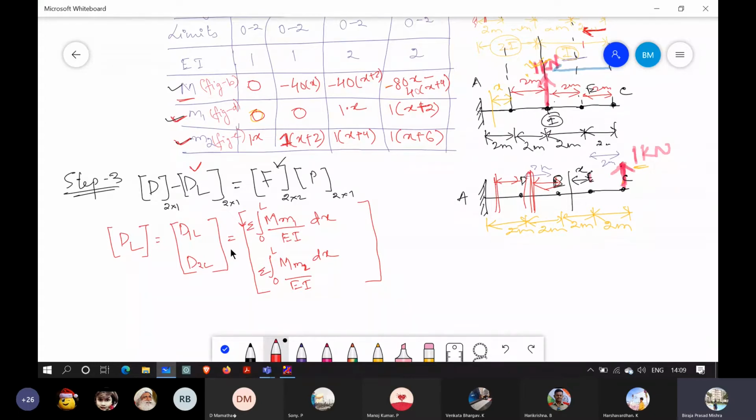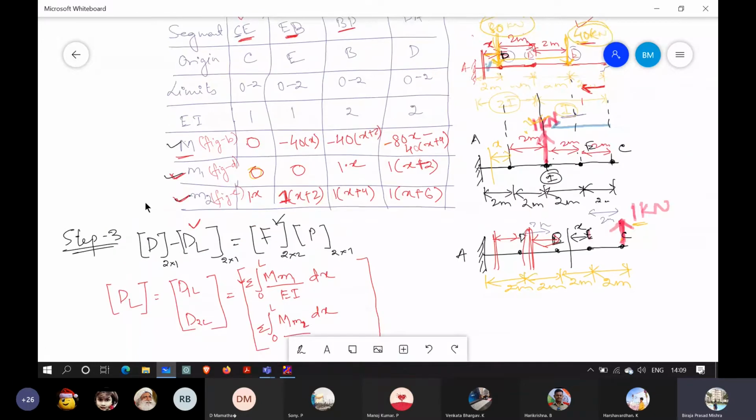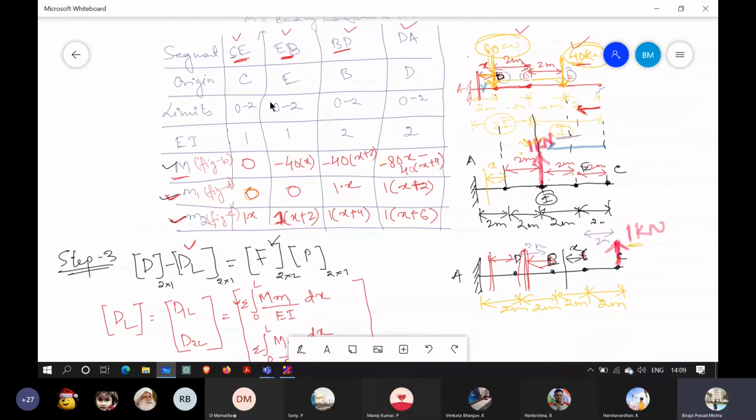If you see for the segment CE, this is C and this is E. For the segment C, M is 0, M1 is 0, so no need to do that one because the integration will be 0.